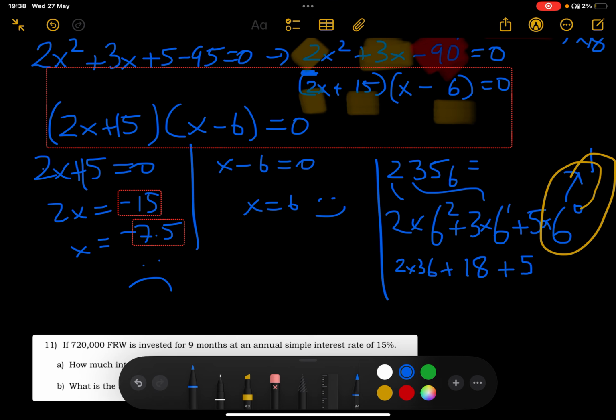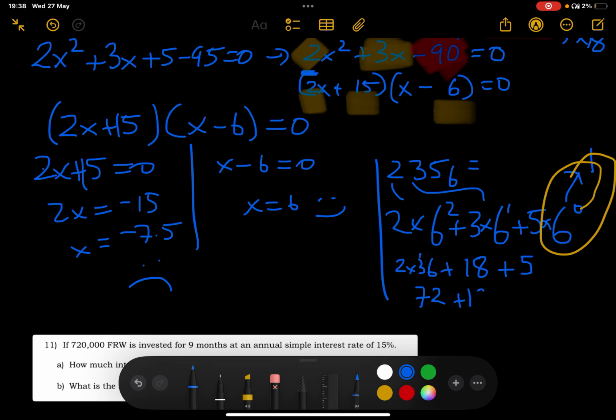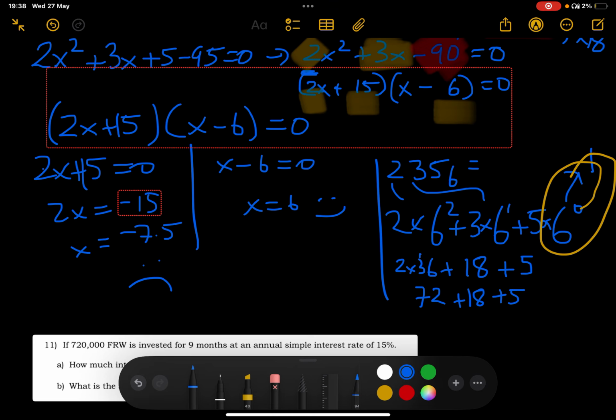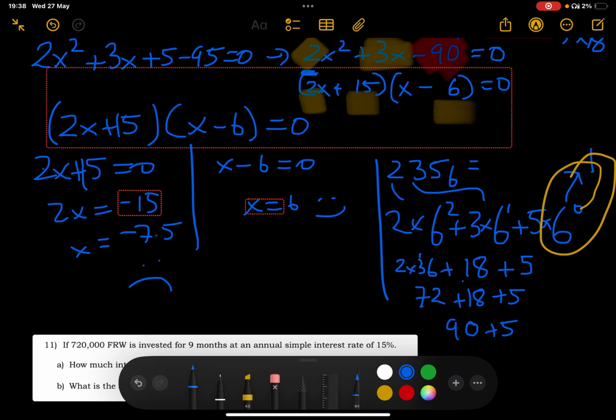Plus 5. Okay, 2 times 36: 2 sixes is 12 and carry a 1, 2 threes is 6 and 1 is 7. So 72 plus 18 plus 5. Okay, 72 and 18: the 8 and 2 will give a 0 and carry a 1 will give a 9. 90 plus 5 is equal to 95. Yay! Okay, so our x equals 6 worked out.